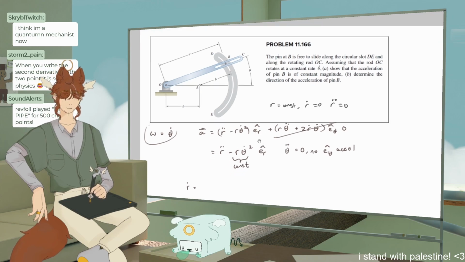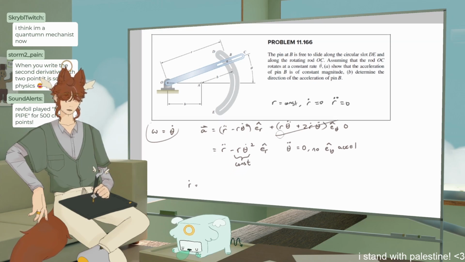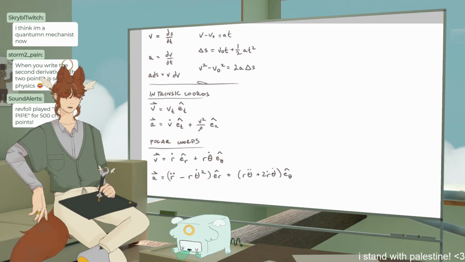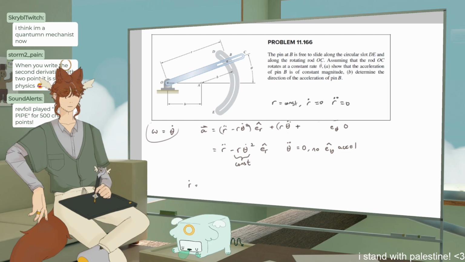Let me rewrite this. What is going on here? What did I do? Get out of here. I don't know why that's there. That's, what is it? 2r theta dot? Nope. I forget. It is 2 r dot theta dot, yeah.